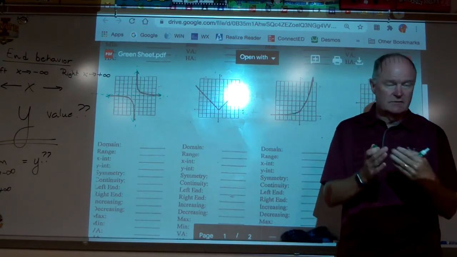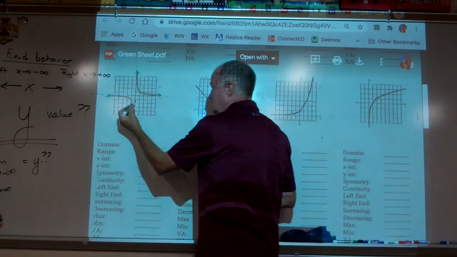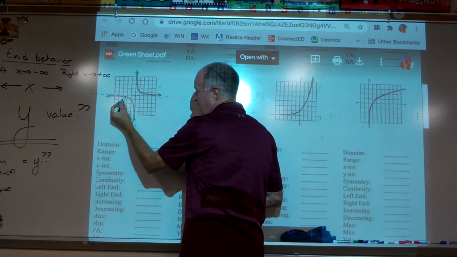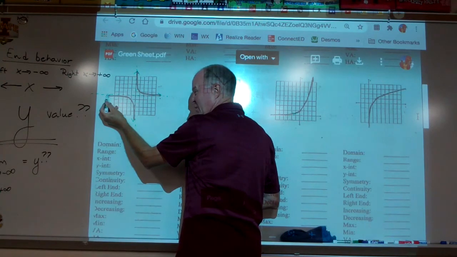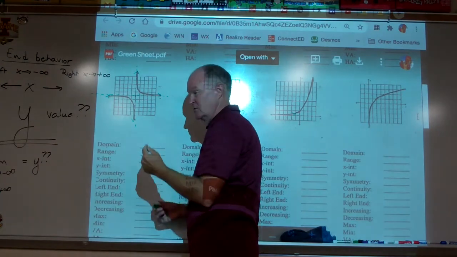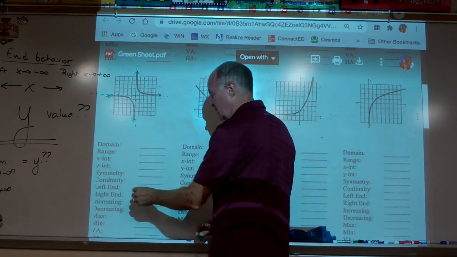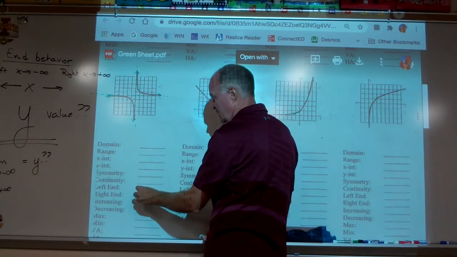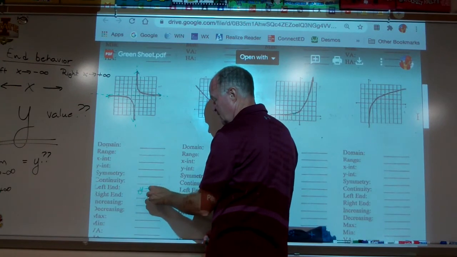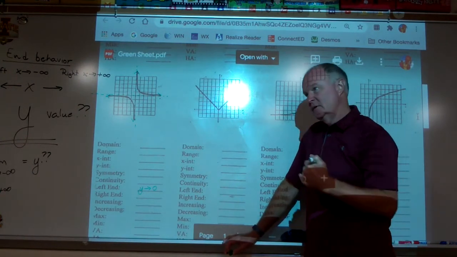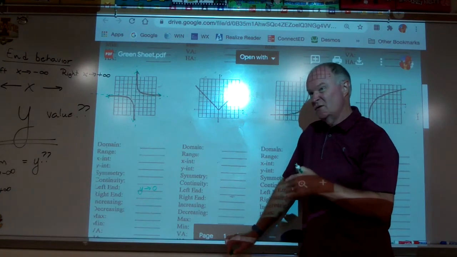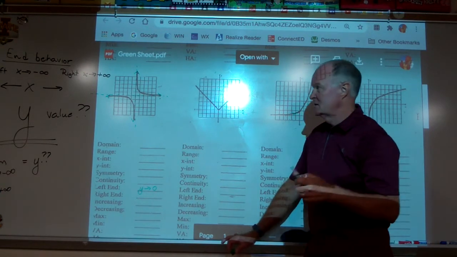You got to get on the curve so you can get to the right. So if I get on this curve and try and head to the left, I'm going there. And what's my y value getting closer and closer and closer to? Getting closer and closer to the x-axis, which is at a y value of 0. But it's never going to get there. But y is approaching 0. Never going to get there, but it's going to approach 0. That's where the left end is going towards 0.